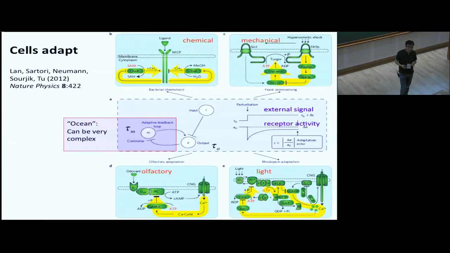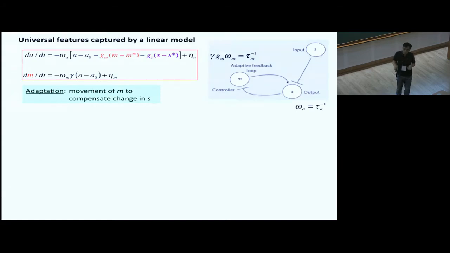So we're going to motivate our thinking with a very simple model of adaptation, which can reproduce the response I just showed you. So basically, you only consider two variables. This variable, we call A, which is a direct influence of the signal in the medium.